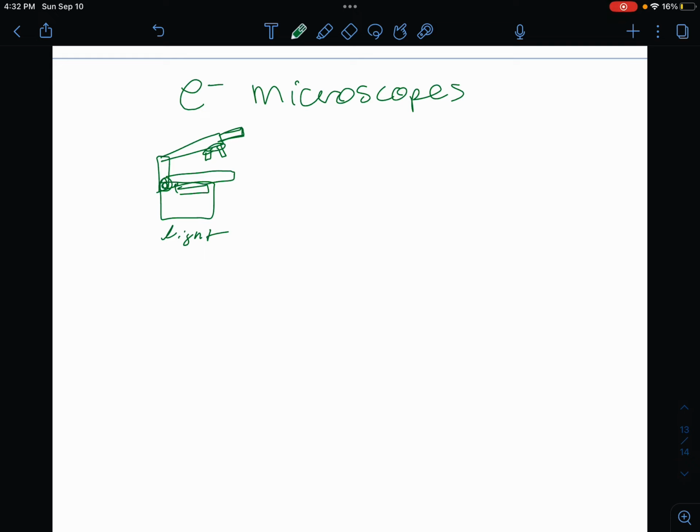However, instead of using light, hence the name, electron microscopes are actually going to be using an electromagnetic lens, and electrons instead of light, and then a fluorescent screen.